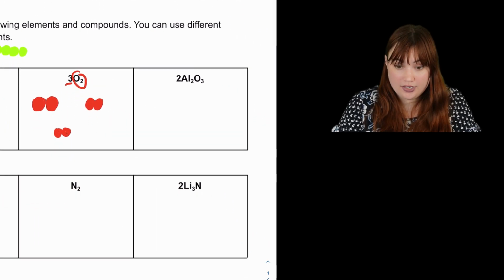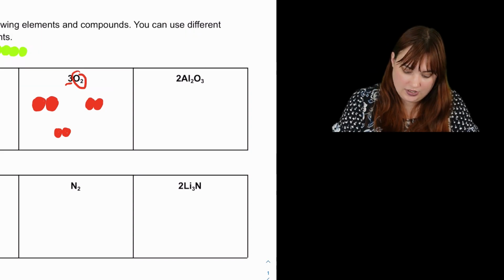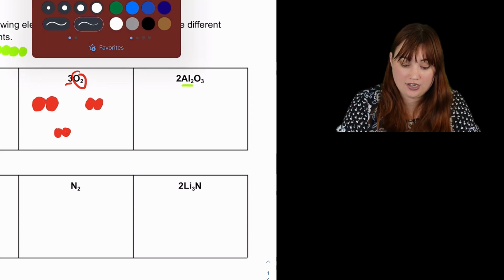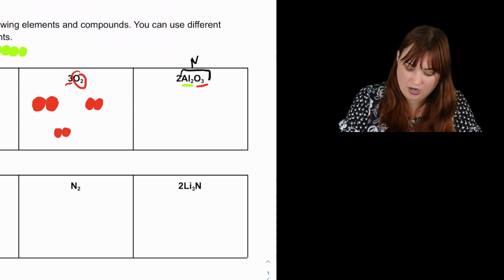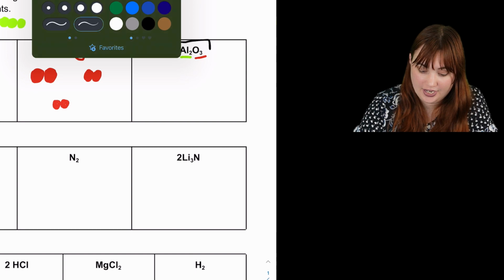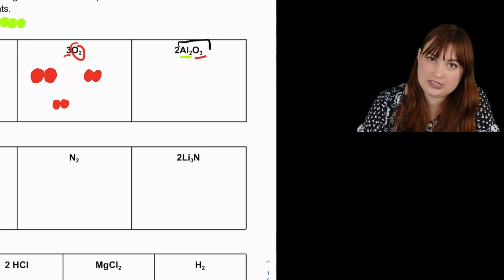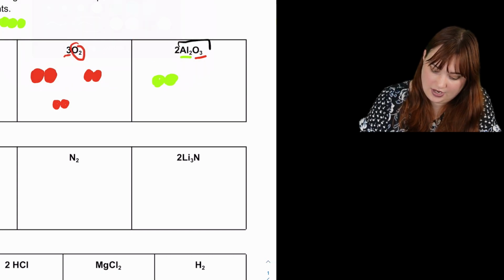Last, let's draw the product. I need 2 of this thing, 2 of these molecules that have aluminum and oxygen chemically bonded. The subscript means this is a molecule or compound. I'm not going to worry too much about accuracy of shape, but I know that whatever this thing looks like, it has 2 aluminums and 3 oxygens.